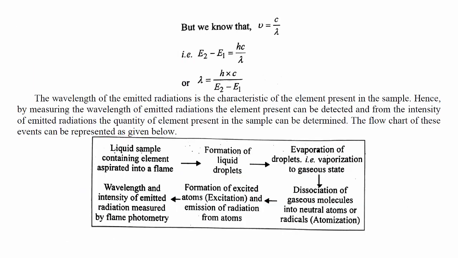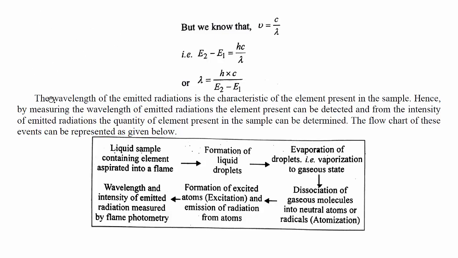But we know that nu is equal to c by lambda. That is, E2 minus E1 is equal to h c by lambda, or lambda is equal to h into c, divided by E2 minus E1.